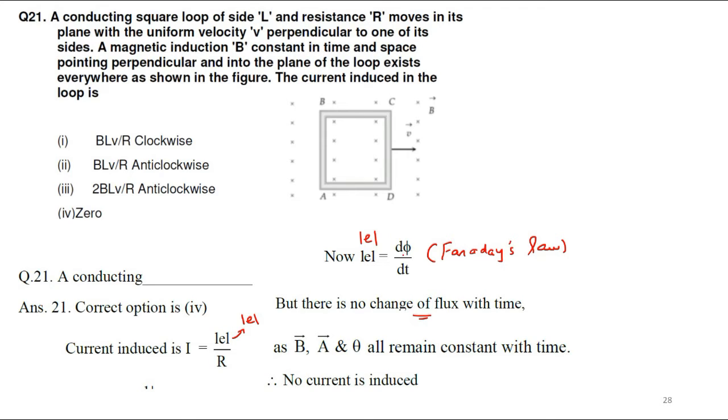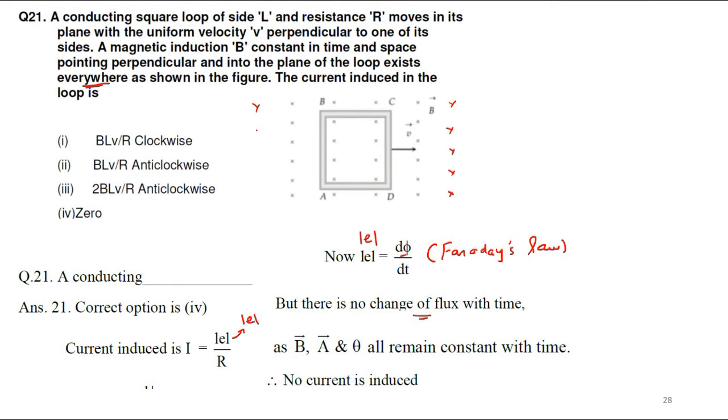D phi is change in flux, d phi by dt is the rate of change of magnetic flux, but there is no change of flux with time in this case. Why? Because he has given very clearly in the question, a magnetic induction B constant in time and space, pointing perpendicular and into the plane of the loop, exists everywhere. That means you can see the field is existing everywhere.